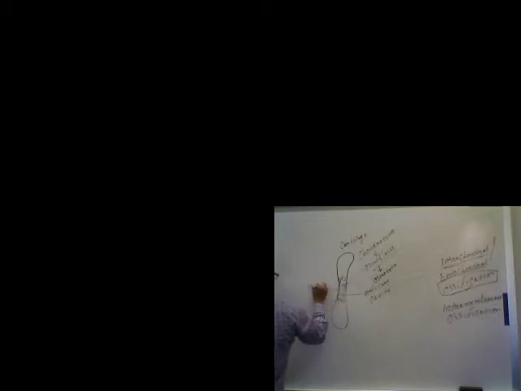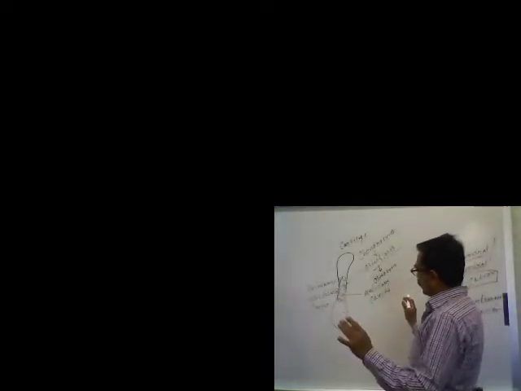Primary ossification center, because this is the first center that will appear from where the ossification or bone formation will begin. So just write it down that in the center of the cartilage, the primary ossification center is formed.